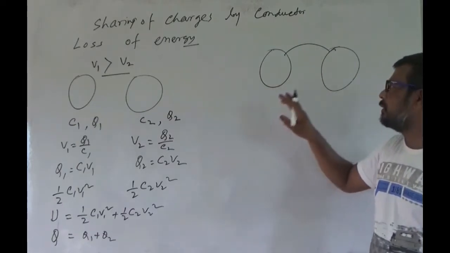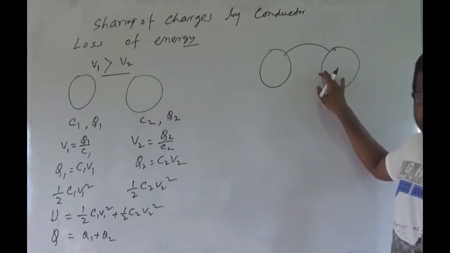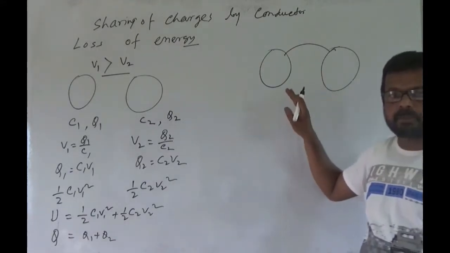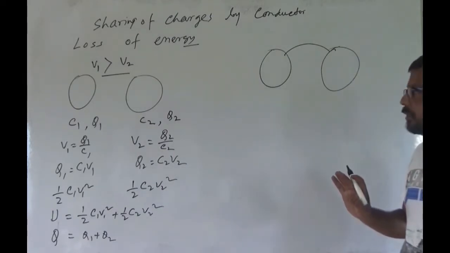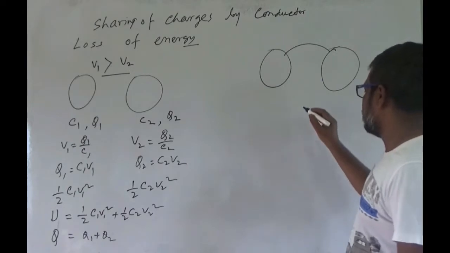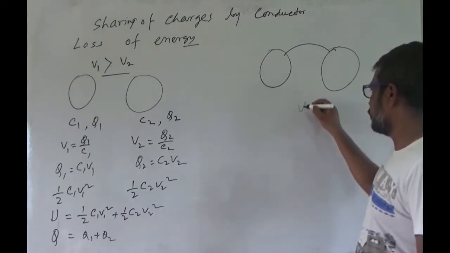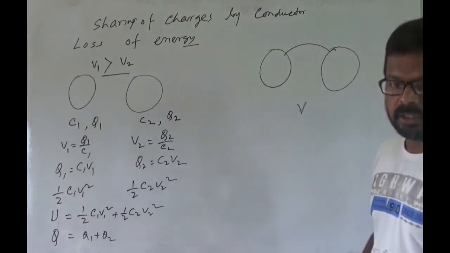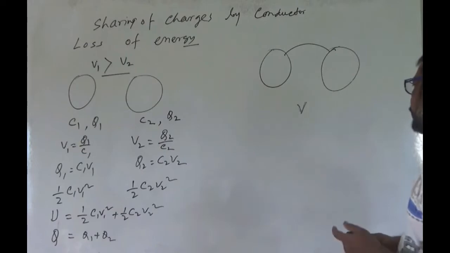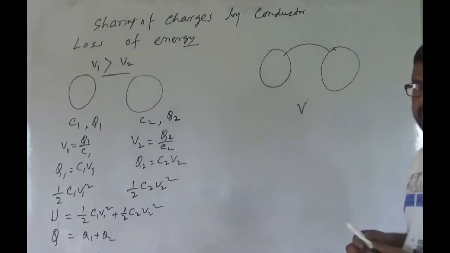Finally, when the potential of both conductors is equal, this flow of charge stops. Let us say this equal common potential is V. It is also called the common potential of the conductors.